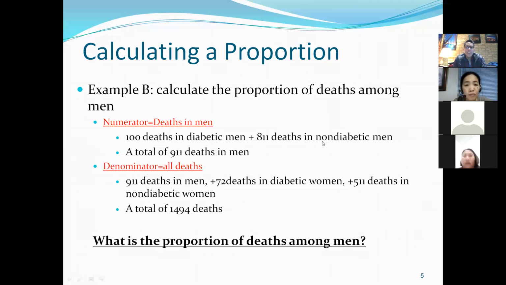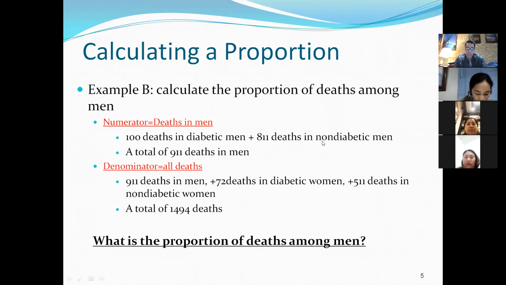So let's get our calculator. So the deaths in men, the total is 911. We divide that by the total, because the 911 is just a fraction. And so 911 divided by 1,494.